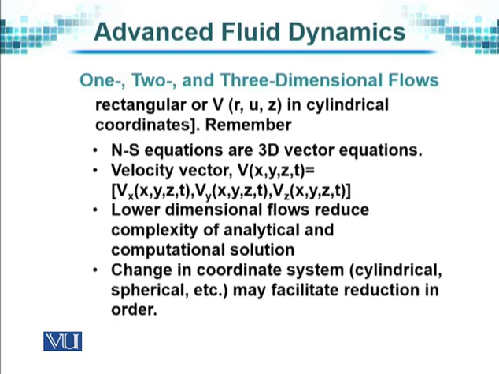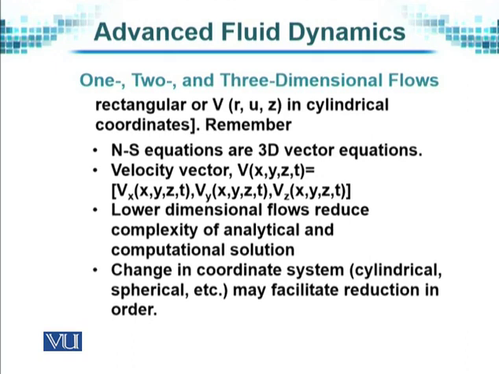Lower dimension flow reduces the complexity of analytical and computational solution. If it is one-dimensional, it is much easier to solve, although not always, but in most cases. For two-dimensional, the level of difficulty has increased.